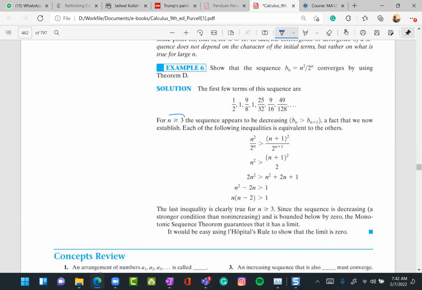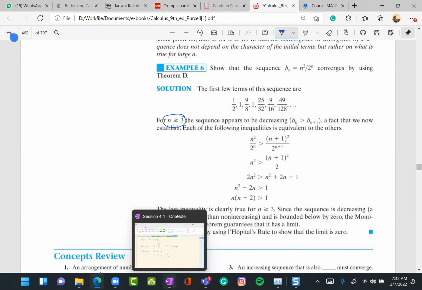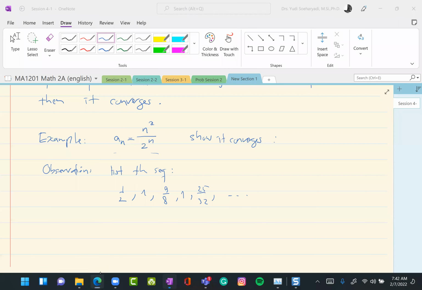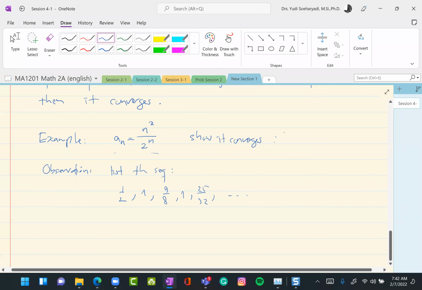See, n bigger than 3. Okay. So you see, start from here, going there. Okay, so start from n.